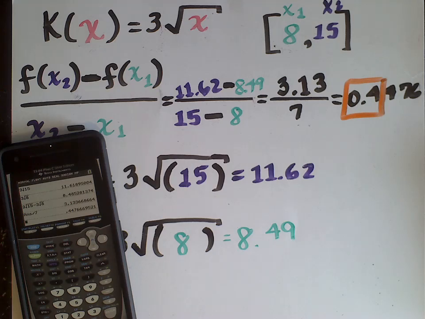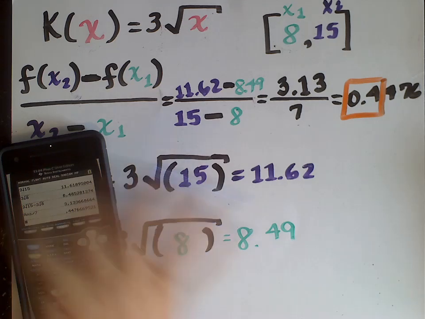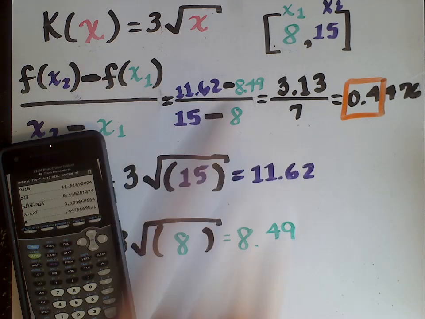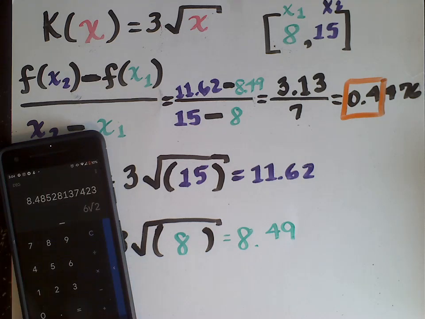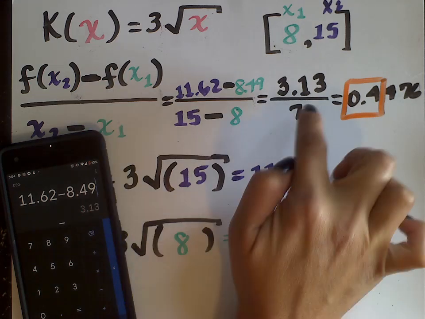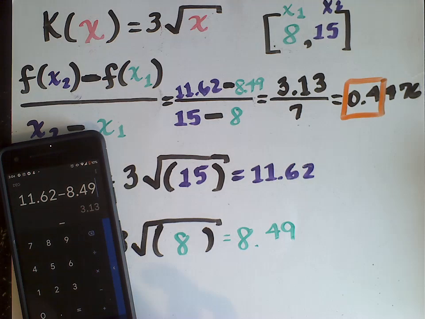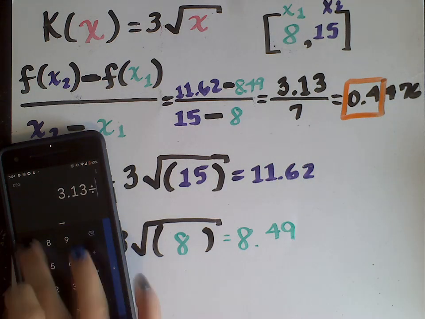Now, if you don't have this Wabbit Emu that you can do all that work at once, obviously you would just take your 11.62 and subtract my 8.49. It's still going to get me my 3.13, and I divide it by 7.